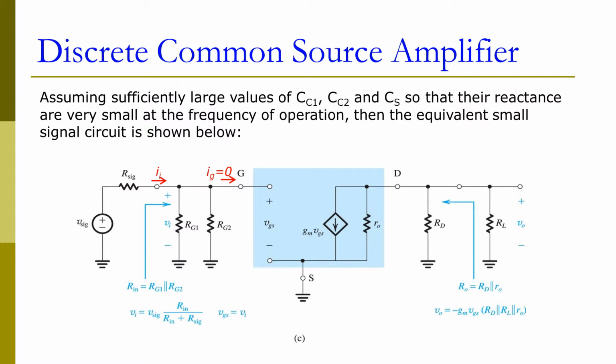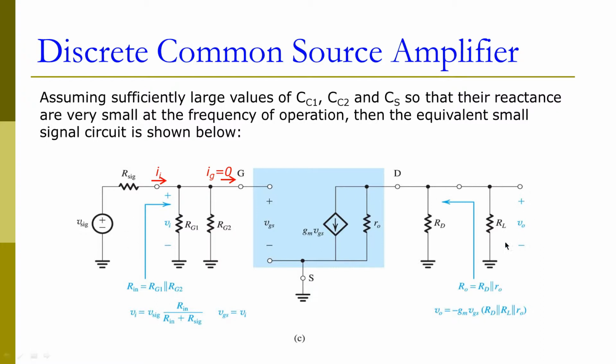Assume the capacitors CC1, CC2, and CS are large enough so that their reactance is very small at the frequency of operation. Then the equivalent small signal circuit is shown below. This is based on a hybrid pi model. We can see there's no current into the gate.